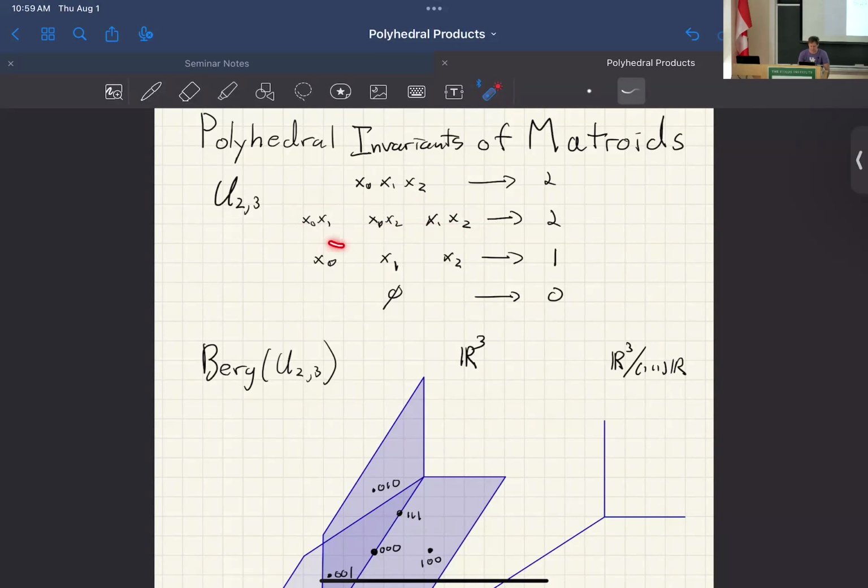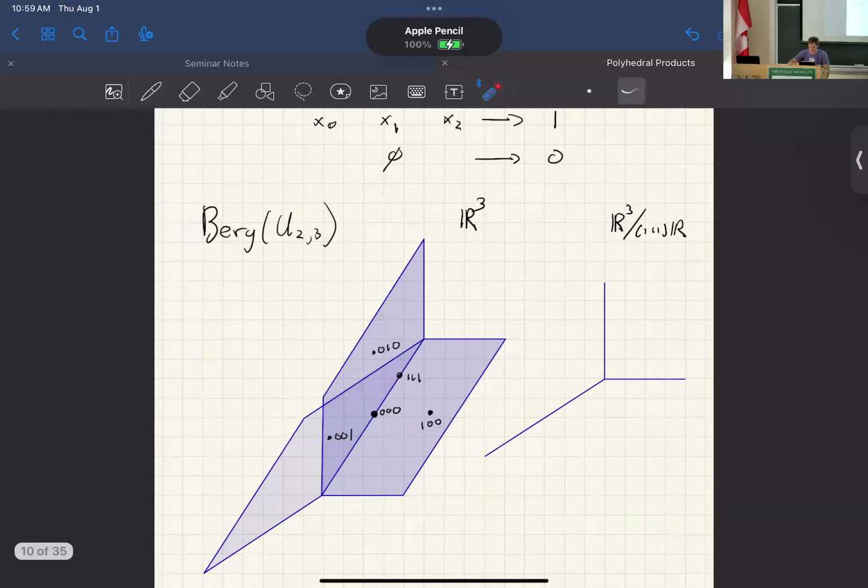However, each singleton makes a flat because adding any other element makes the rank one more. So the flats here are the whole set, the empty set, and the singletons. A complete flag of flats will really just be determined by which singleton it contains. The indicator vectors for the singletons are just (1,0,0), (0,1,0), and (0,0,1). And so we end up with this picture.